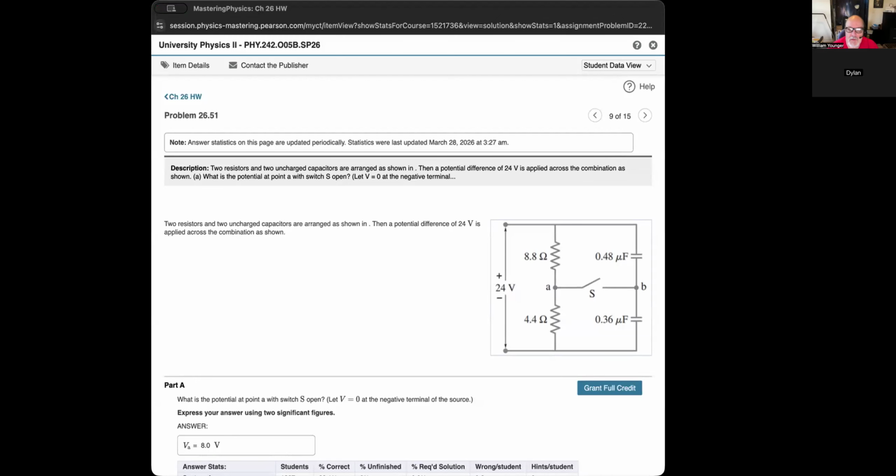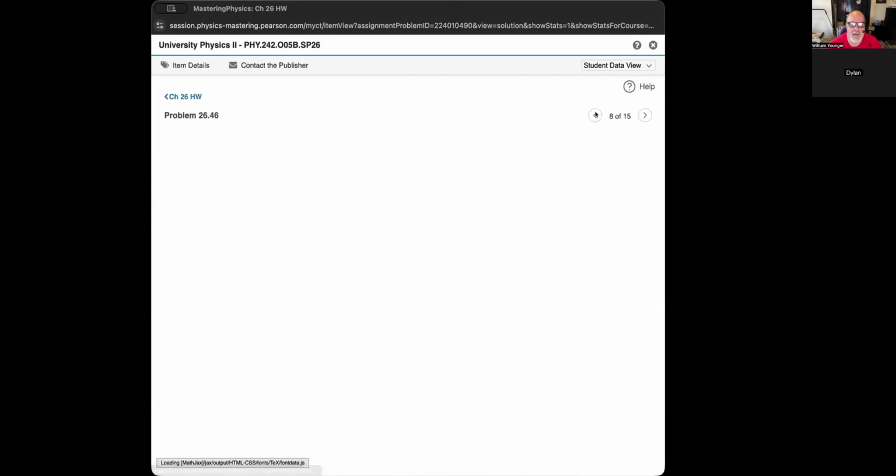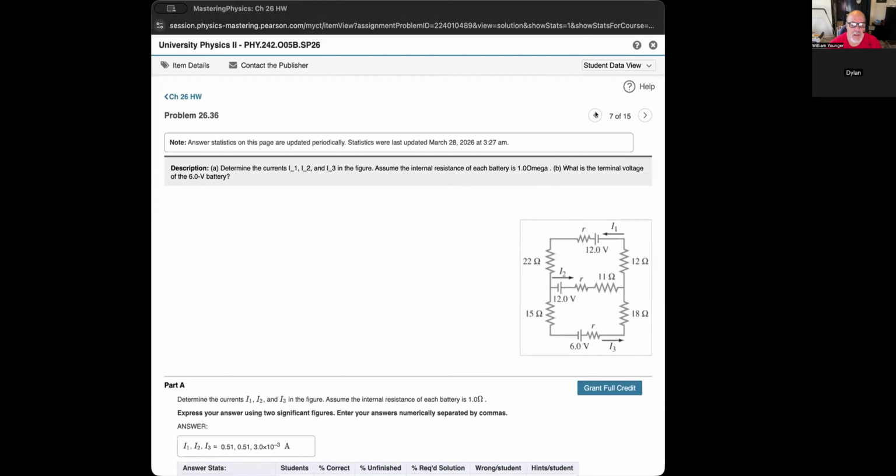What my computer says is number seven is the circuit where we do the batteries and the loop. Yours is showing 9 of 15. Mine's number 7, so it's number nine. Gotcha. Yeah, that one.